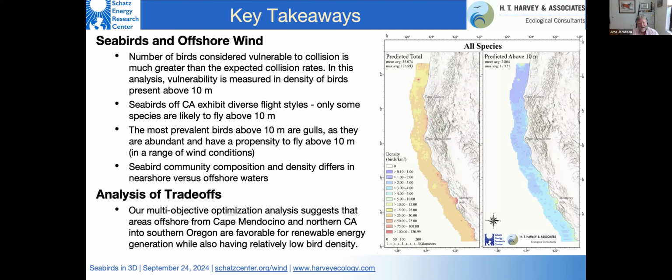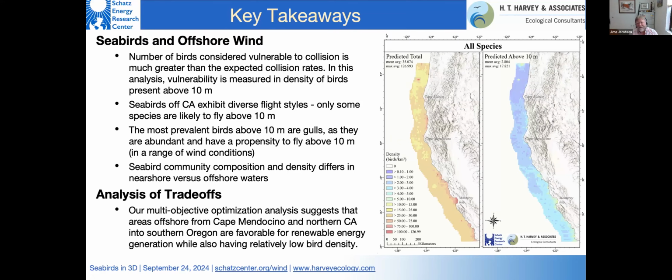One of the key findings there was that the multi-objective optimization analysis that we carried out indicated that areas offshore from Cape Mendocino to the north, into Northern California and Southern Oregon, are favorable both in terms of the amount of renewable energy generation that's possible and also having relatively low bird density compared to some other areas. So those are just some high-level takeaways. We'll dig into all of these a bit more as we proceed into the presentation.